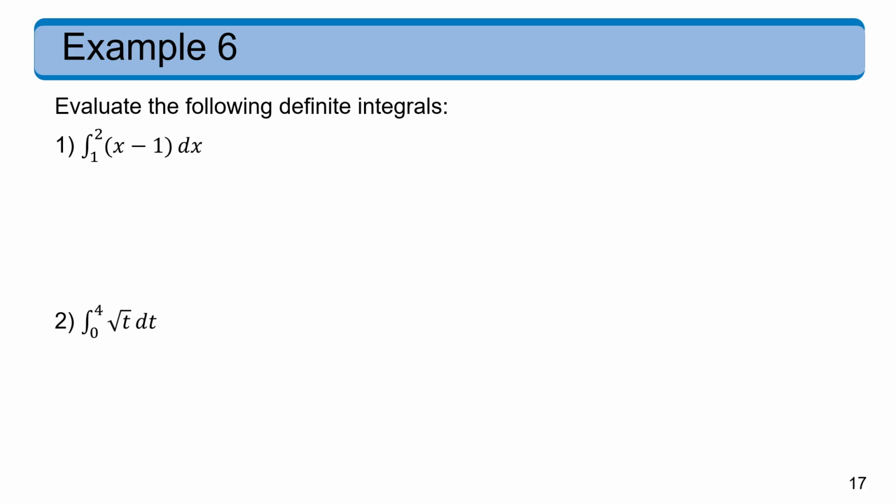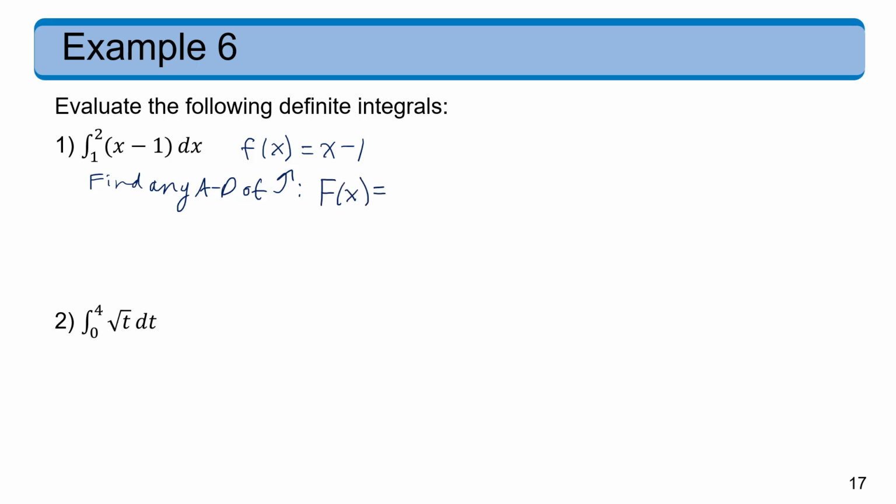So the first one, we see the function that we're integrating. We could notice it's in terms of x, so we could call it f of x equals x minus 1. We need to start by finding any antiderivative of this little f, and we'll call that capital F of x.